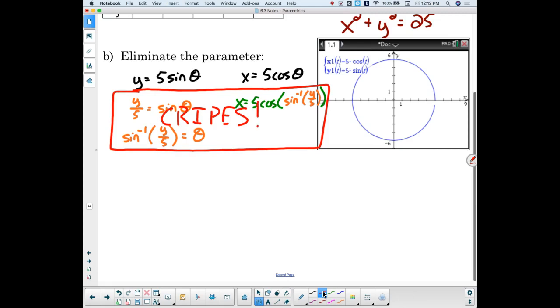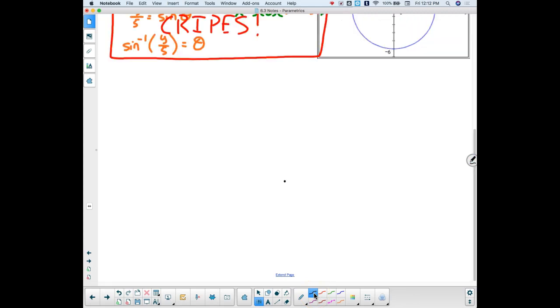So what other tools do we have in our toolbox that use sine and cosine? We got the hammer, right? What's the hammer? So we've got the hammer, which is cosine squared of theta plus sine squared of theta is equal to 1.